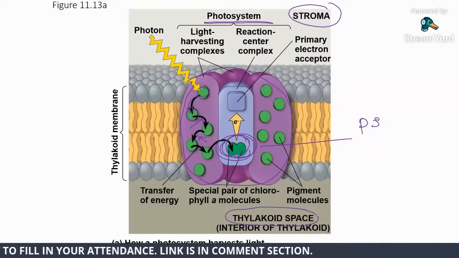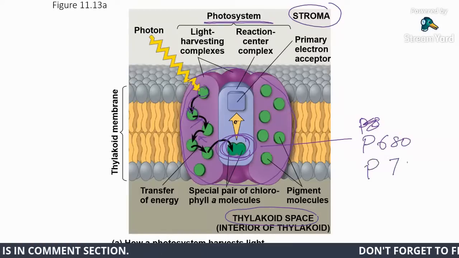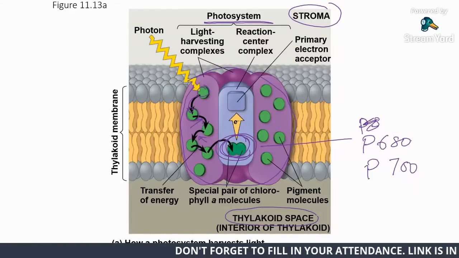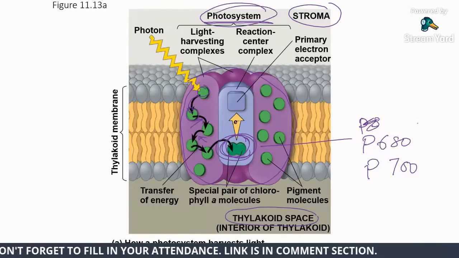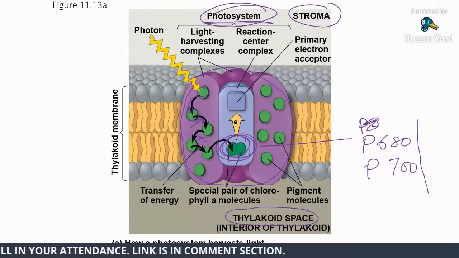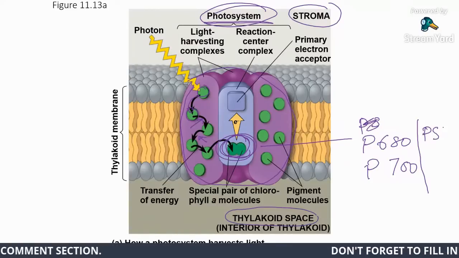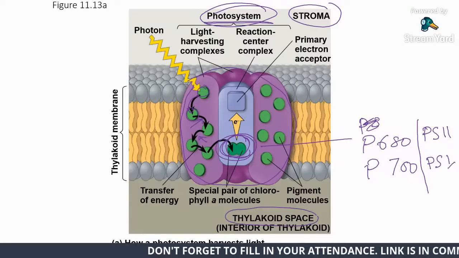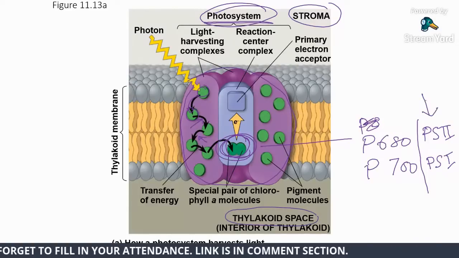So this pair can either be P680 or P700. Okay, so for P680, the photosystem is called PS2. For P700, the photosystem is called PS1. Right, don't get confused. PS refers to photosystem.